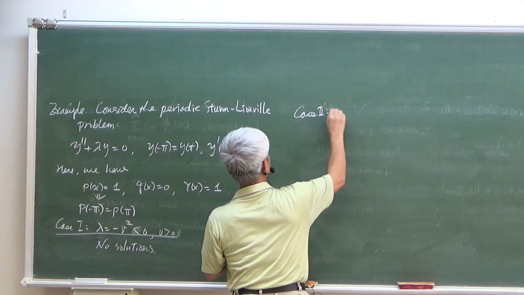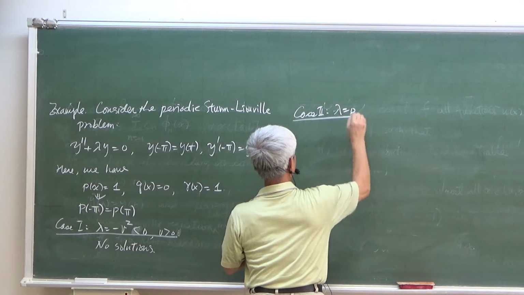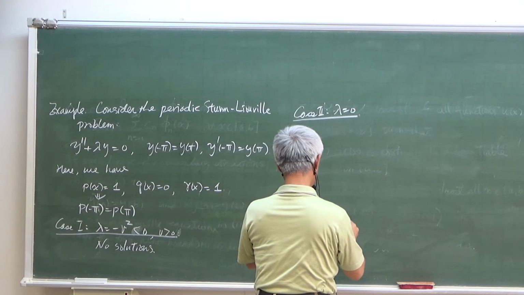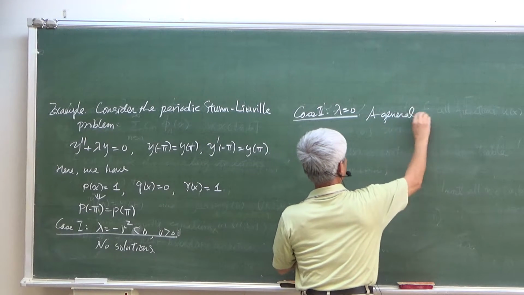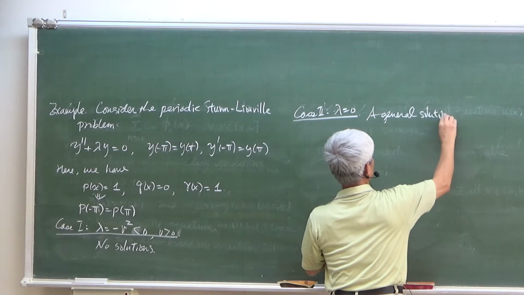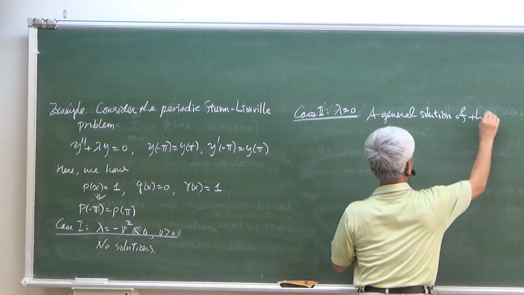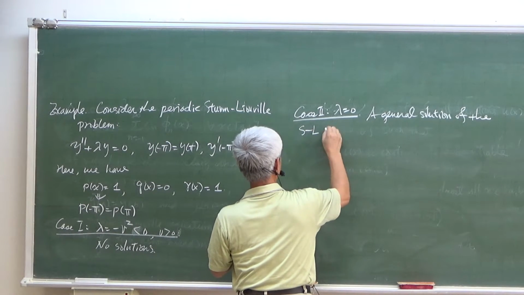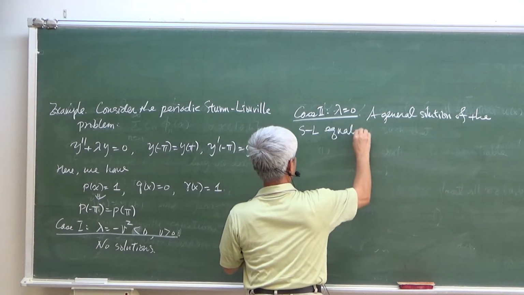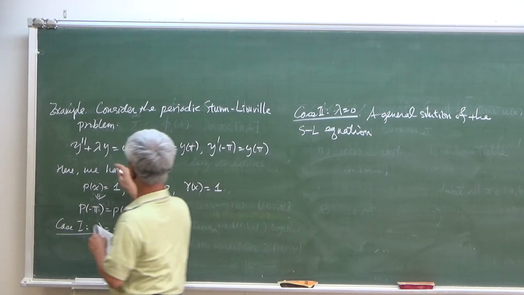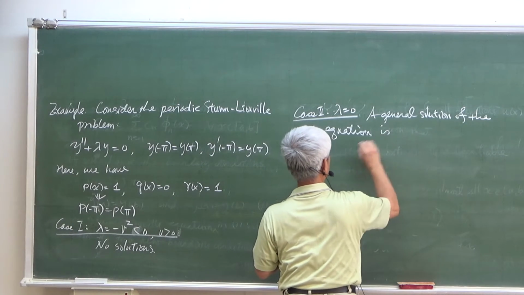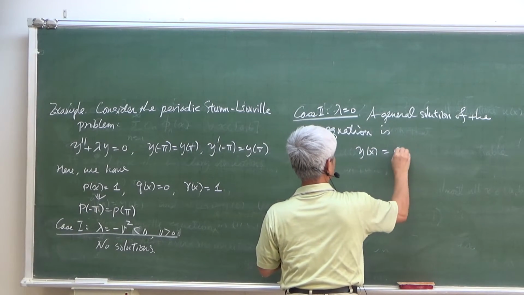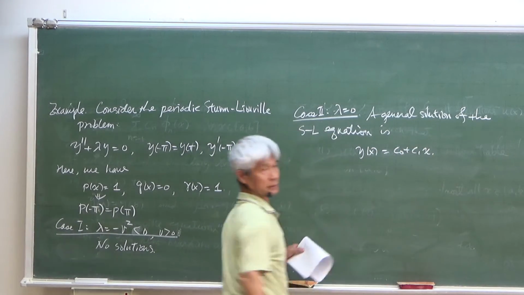Case 2, λ equals 0. When λ equals 0, the general solution of the Sturm-Liouville equation is y = C0 + C1 x.